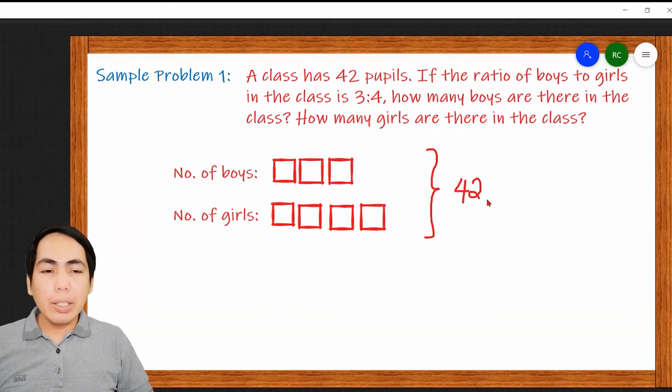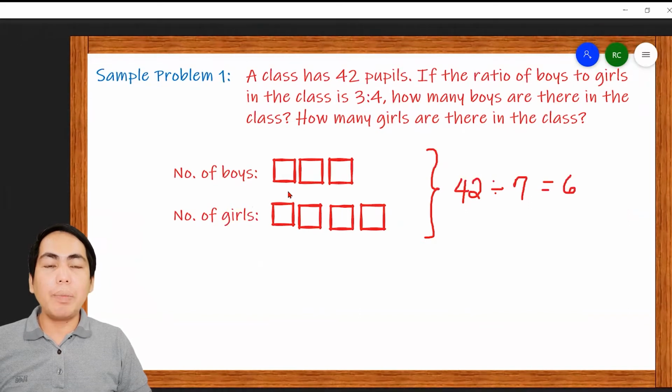So for us to identify how many pupils each block represents, we have to divide this 42 by the number of blocks that we have. So 3 blocks for boys plus 4 blocks for girls, a total of 7 blocks. So 42 divided by 7 will give us 6. So in other words, each block represents 6 pupils.